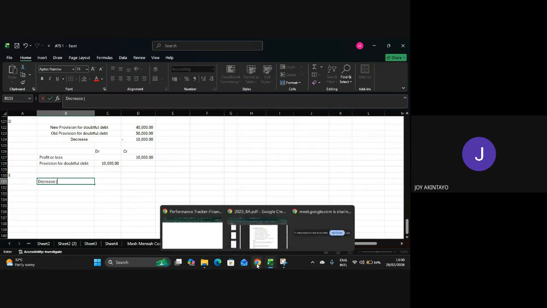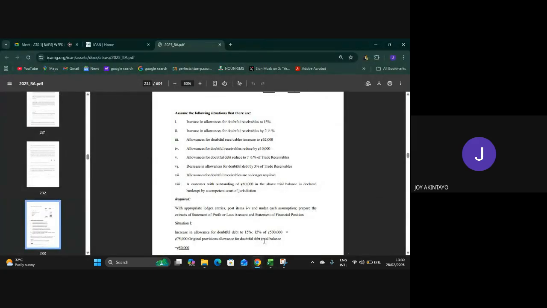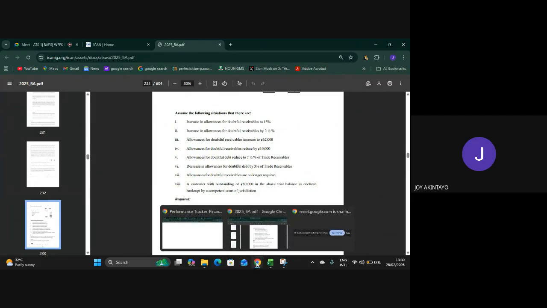They said allowance for doubtful debt will reduce to, that will be our new what? Our new provision. So before we calculate our decrease, we need to determine our new provision.